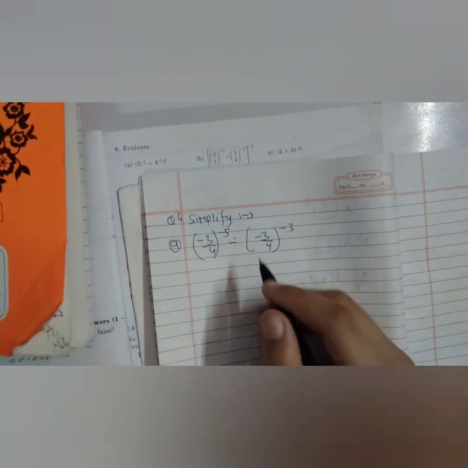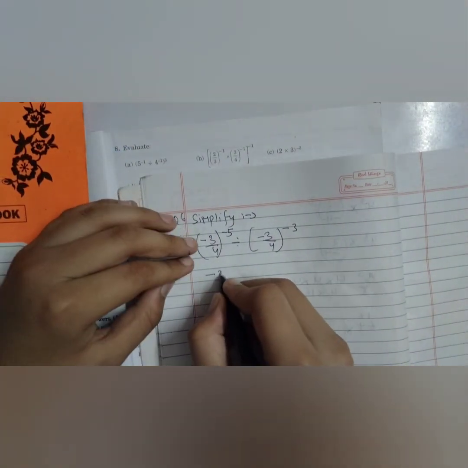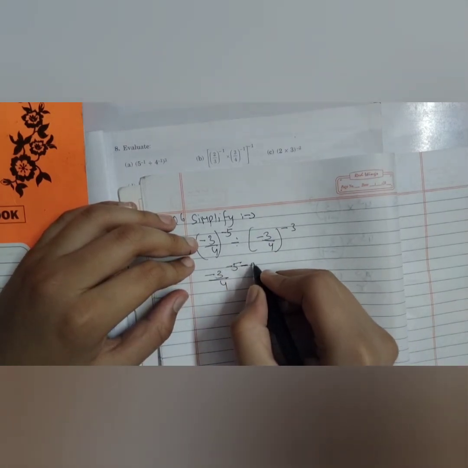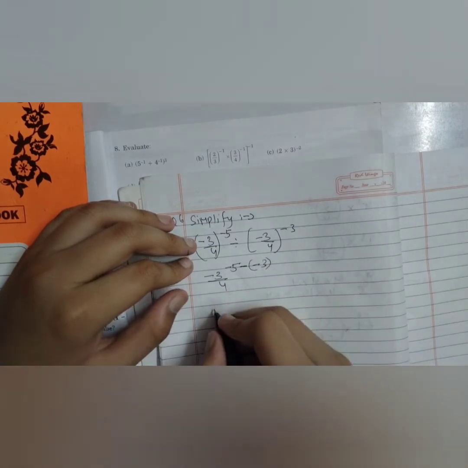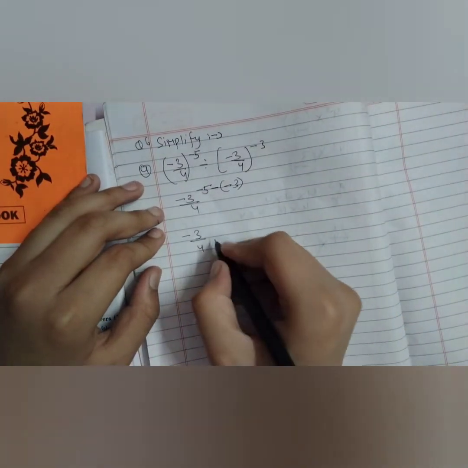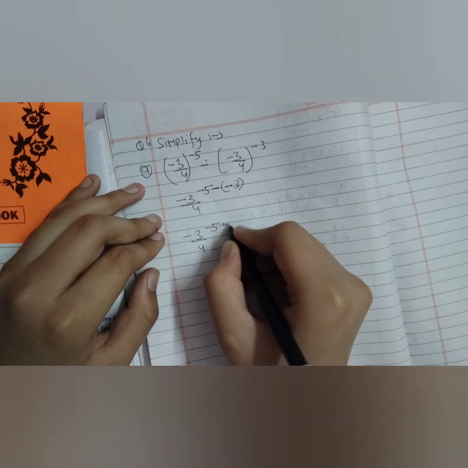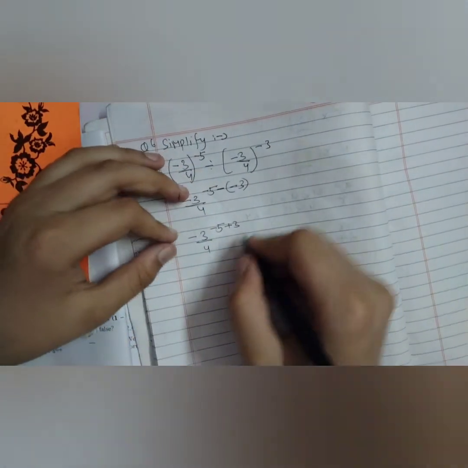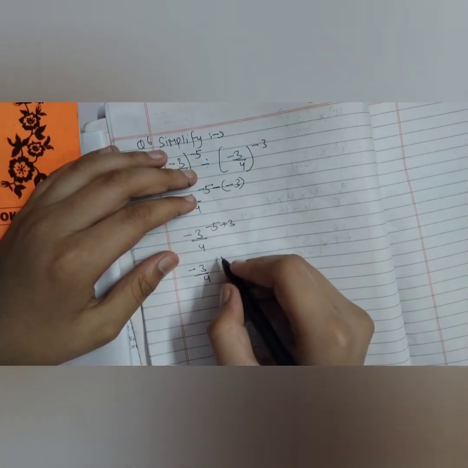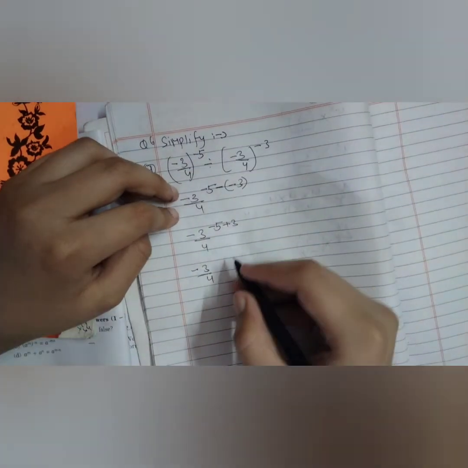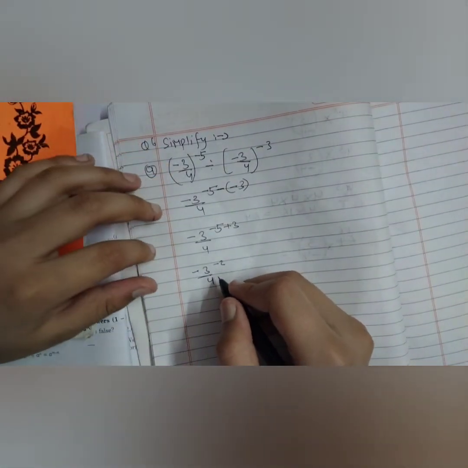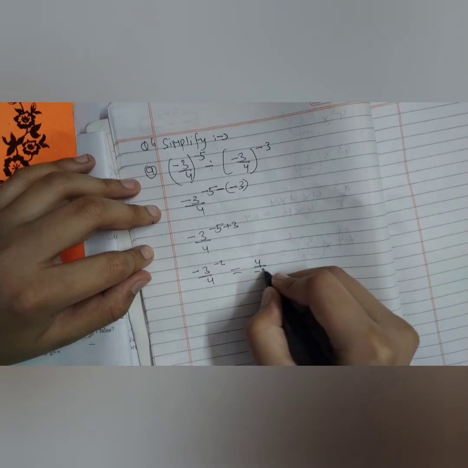So here it will be 4 upon minus 3 raised to the power minus 5 plus 3, which is -3/4 raised to minus 2, is equal to 4 upon minus 3 raised to the power 2.